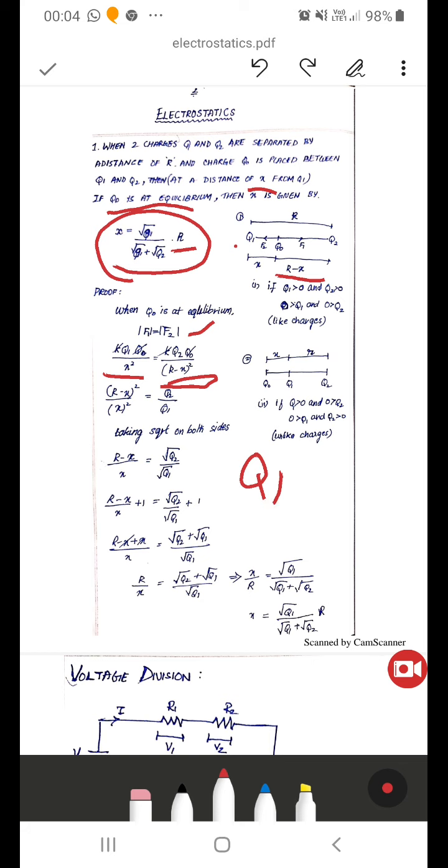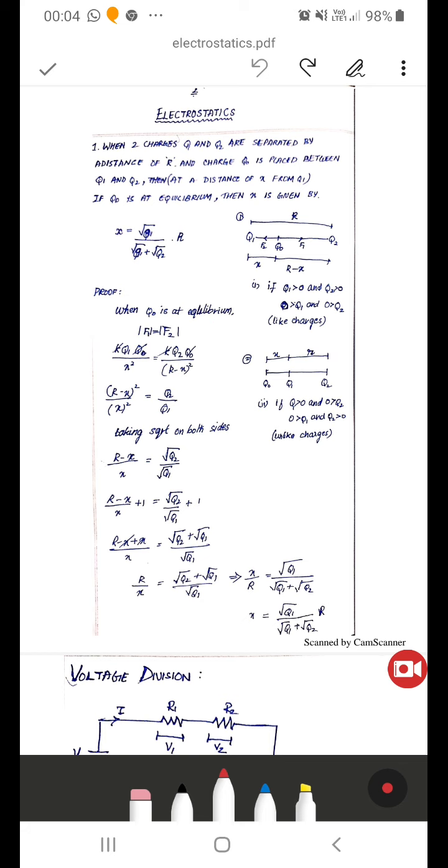Now, what I have done is I have brought the r minus x over here to this side, and q1 to the denominator of the other side. So it becomes r minus x the whole square divided by x square is equal to q2 by q1.